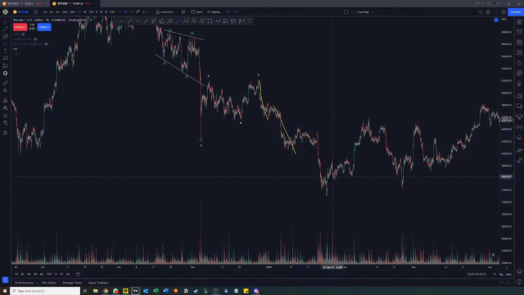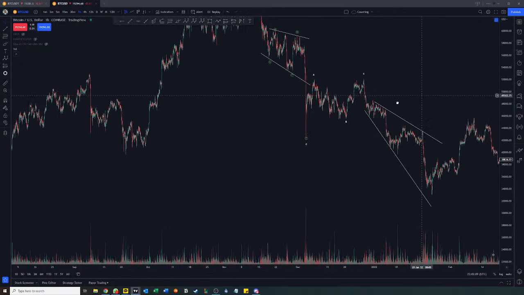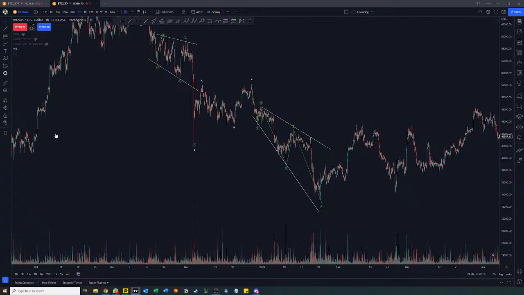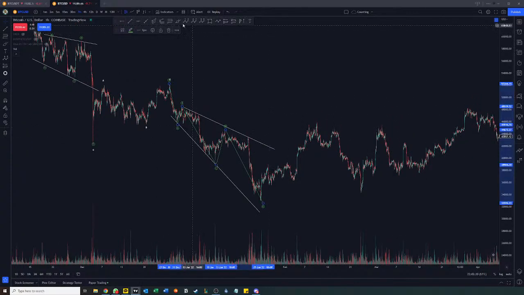Third going down like this, and they all either have to consist of ABC or 5 waves. So the trend will be like this. B, C, D, E. Like that.